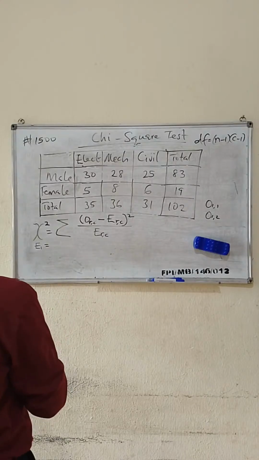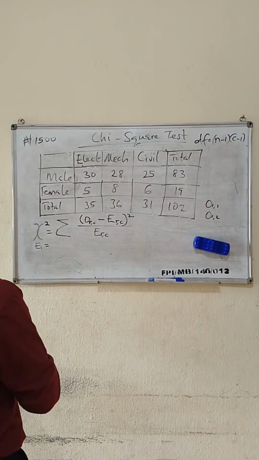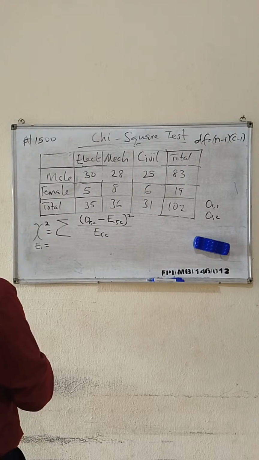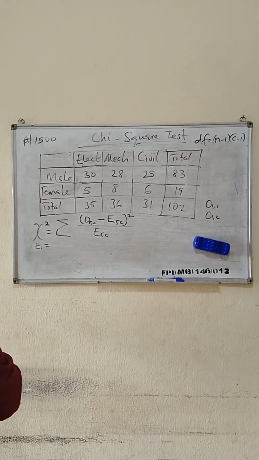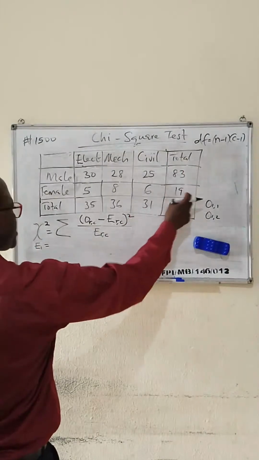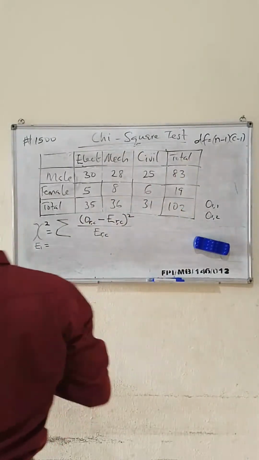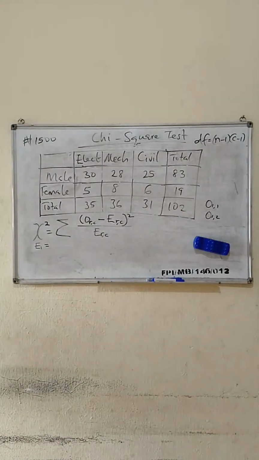So we look at this and this, the total for the row, total for the column, then we use it to do the calculation. Total for the row, total for the column, then you divide it by the grand total.